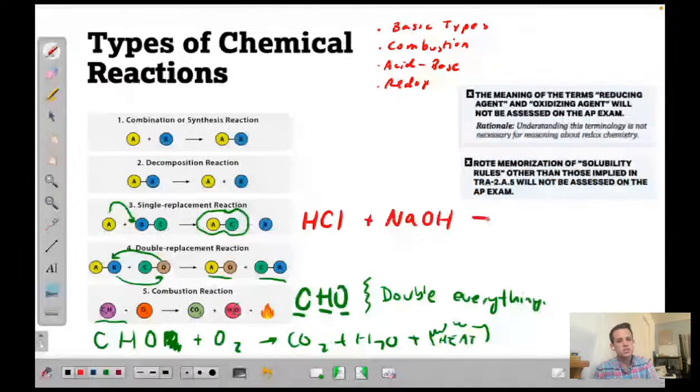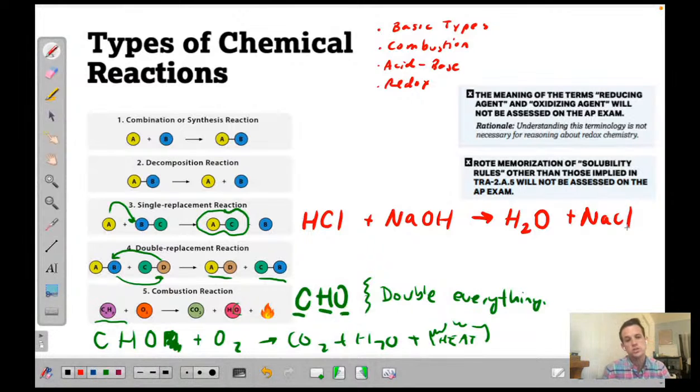An acid-base reaction, at least in aqueous solution, is going to usually produce water and a salt. There are acid and base reactions that are not in aqueous solution, but it's not in the scope of the AP exam, so don't stress about it. Finally, a redox reaction. How it defines a redox reaction is that there's a change in the oxidation numbers.